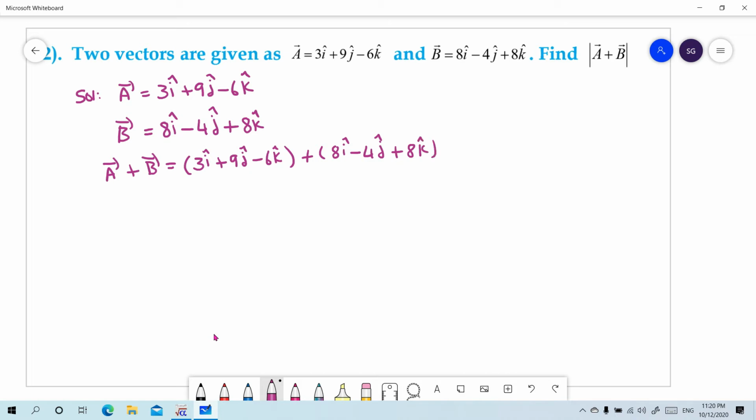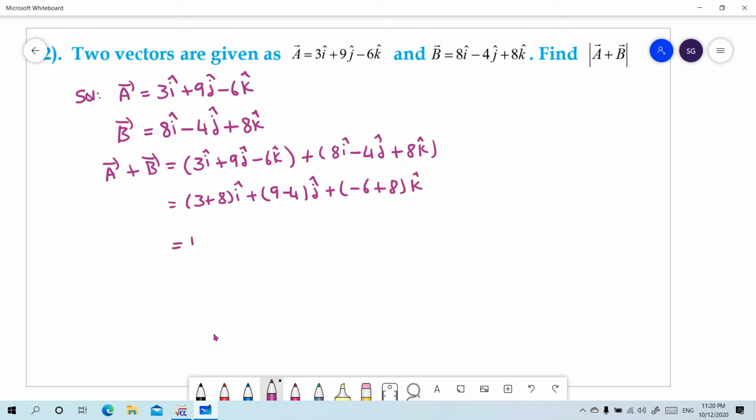So that equals 3i cap plus 8i cap can be written as 3 plus 8 of i cap, plus 9j cap minus 4j cap can be written as 9 minus 4 of j cap, plus minus 6 plus 8 of k cap.